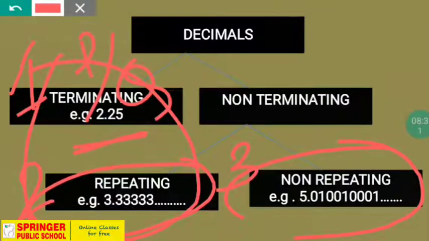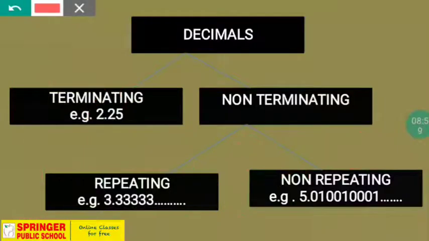But the numbers which are non-terminating and non-repeating cannot be represented in the form p by q, and that's why they are irrational numbers. So students, in decimals, terminating decimals and repeating decimals are rational, whereas a non-terminating, non-repeating decimal is an irrational number. So if the numbers are in decimal form, it's very easy to understand whether they are rational or irrational.